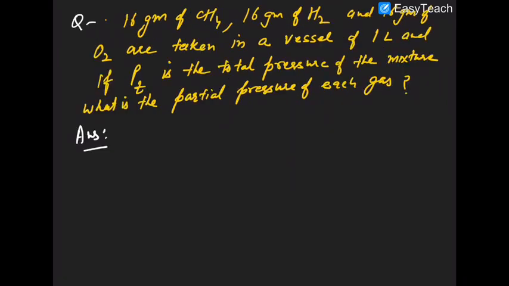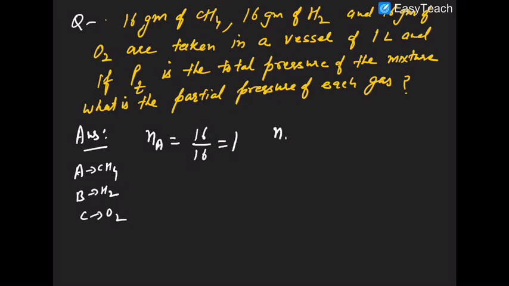Now if you look at that, there are three gases. First you find out the number of moles of methane. A is methane, B is hydrogen and C is oxygen. It is given mass divided by molar mass. So the number of moles of methane is 1, the number of moles of hydrogen is 8, and the number of moles of oxygen will be 0.5.